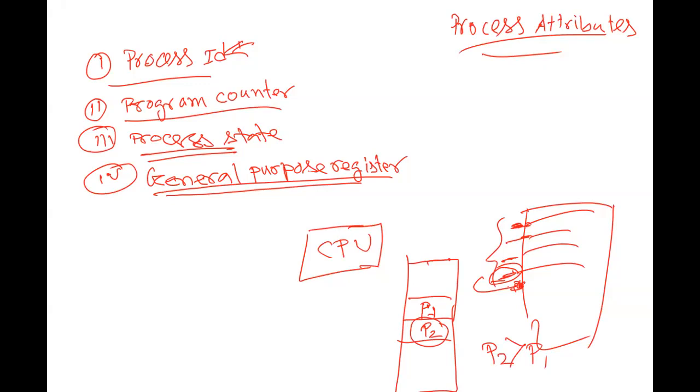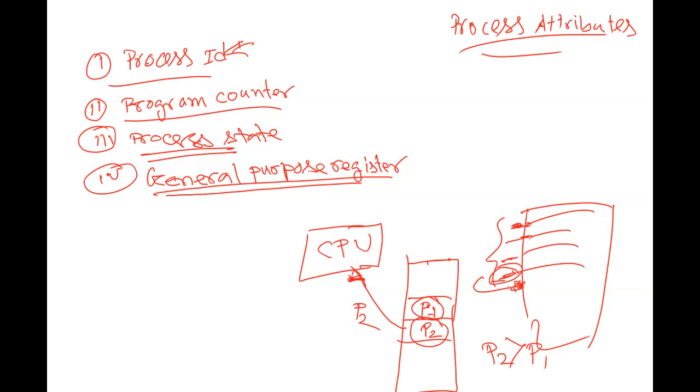What will your OS do right now? Your OS will schedule the CPU for process P2. But let's say P1 was running.